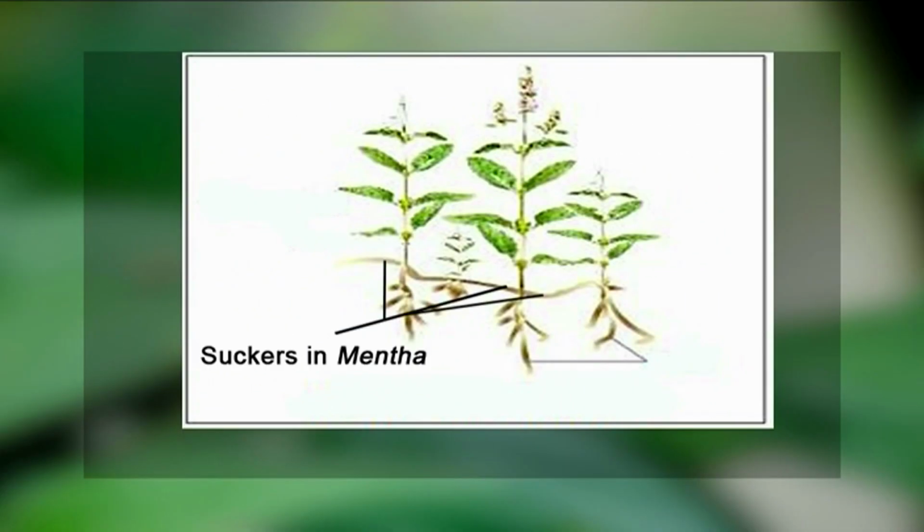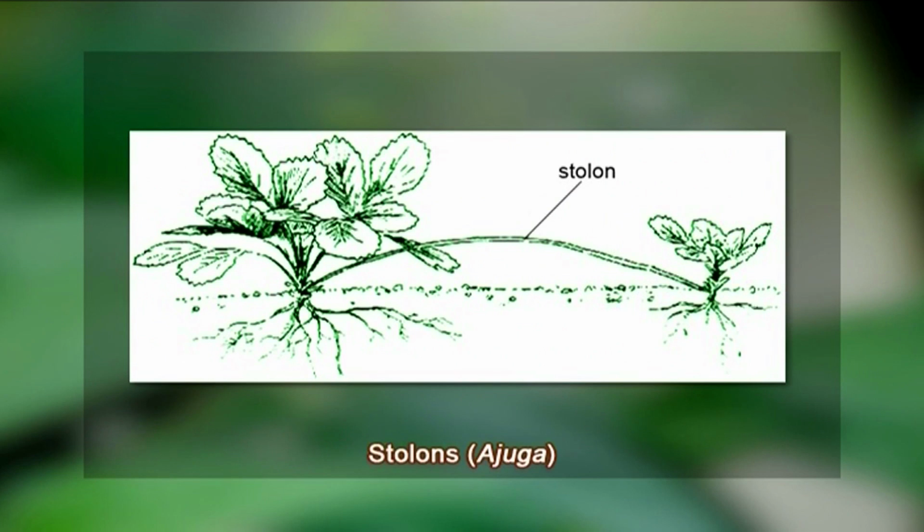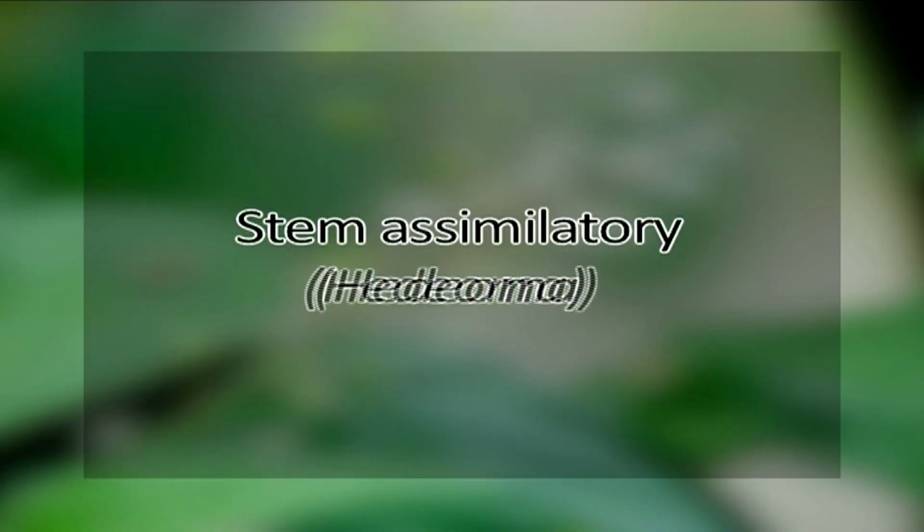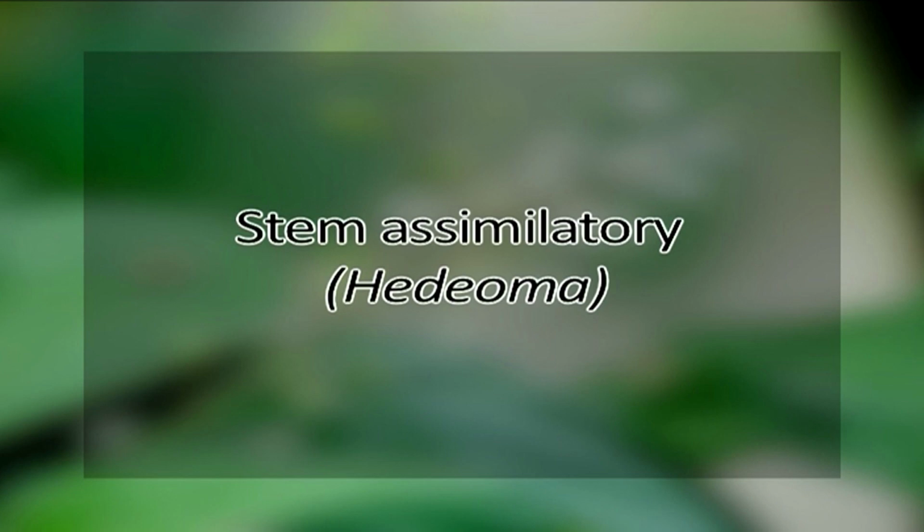Sometimes we also have suckers. Stems assume the shape of suckers, the example is Mentha, or they can assume the shape of stolons, the common example is Ajuga, or they can become green and then have an assimilatory function. The example is here Hyptis.